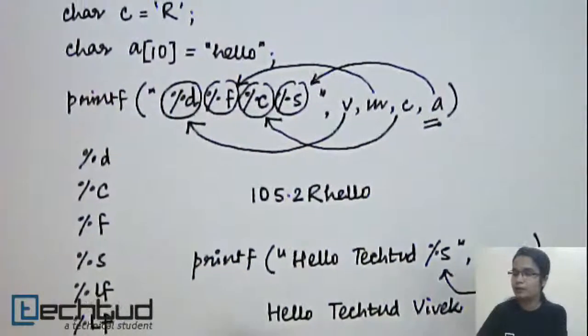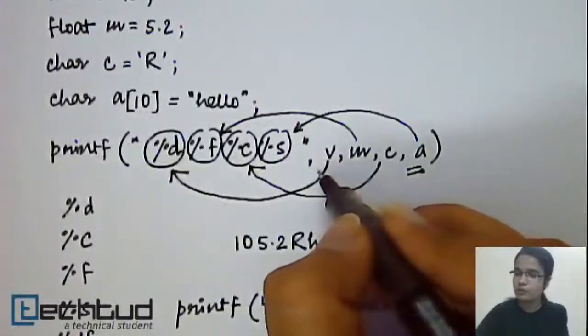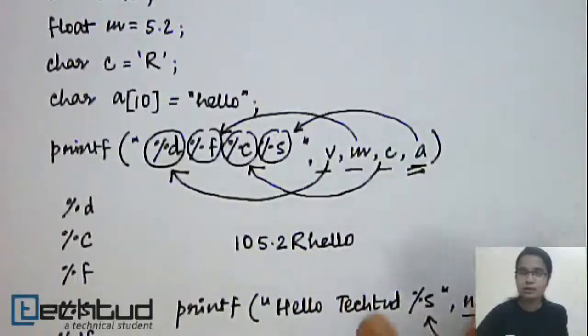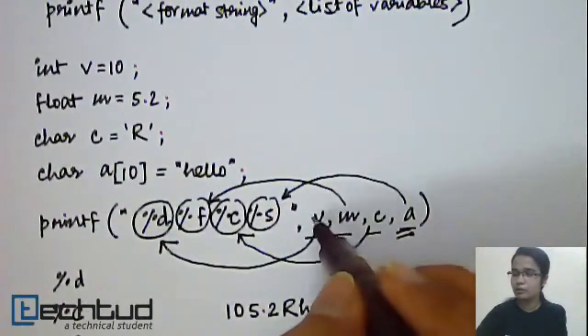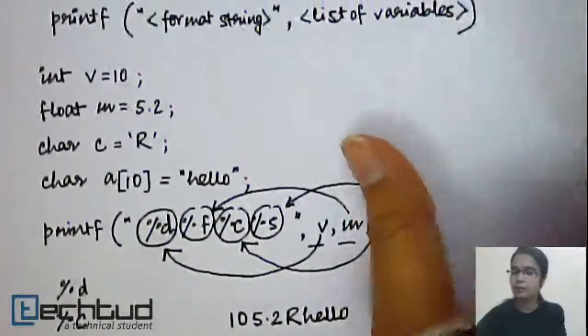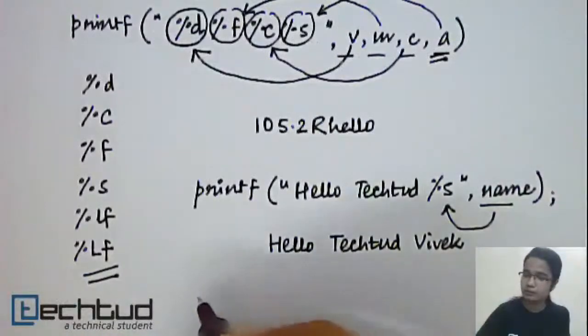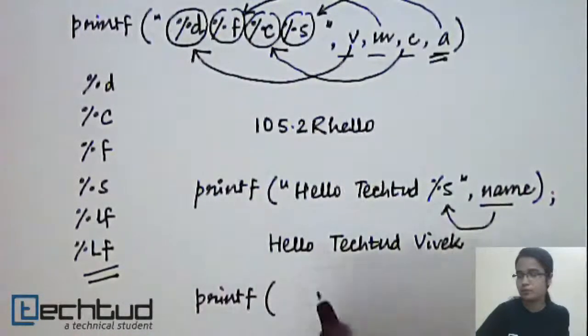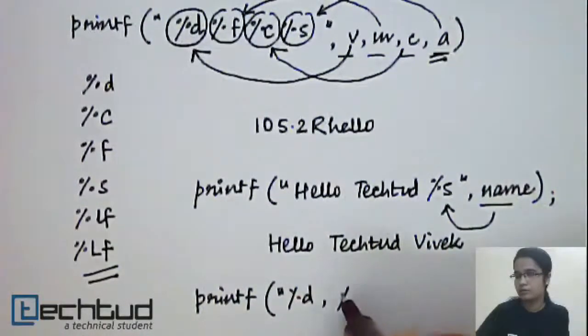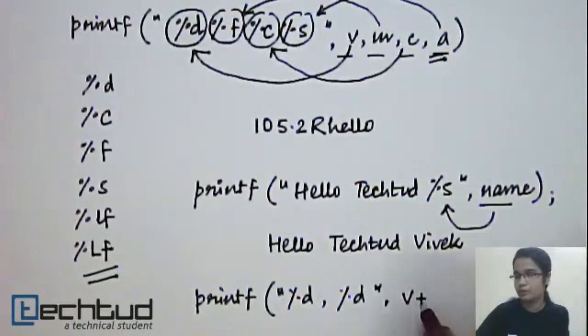If you do some operations in the list of variables, you can even print the value of b plus m here, like printf %d comma %d, and you write b plus m here and b multiplication m here.